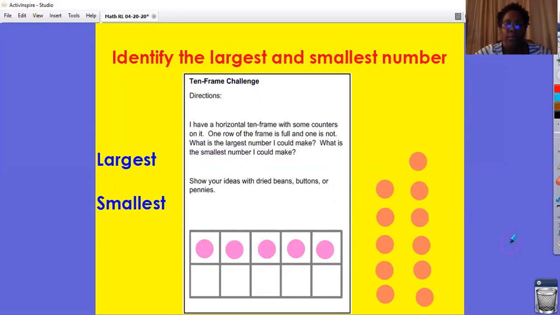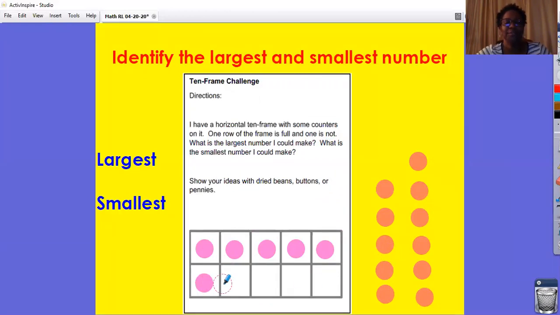Think about that for a moment. It says one is full and one is not full. So let's go ahead and try to fill it up. Minus 1. Okay? All right.